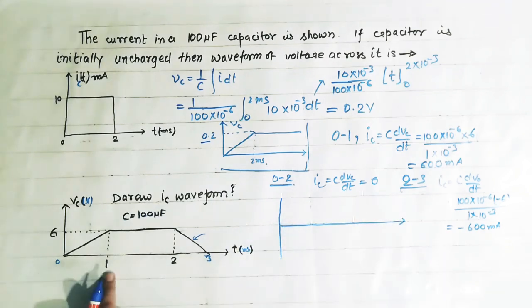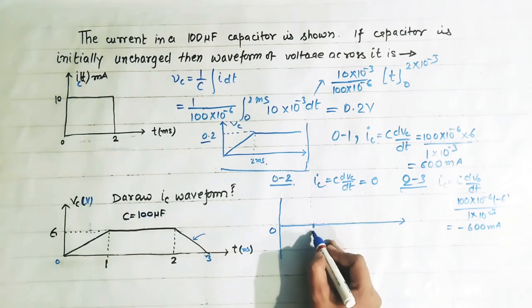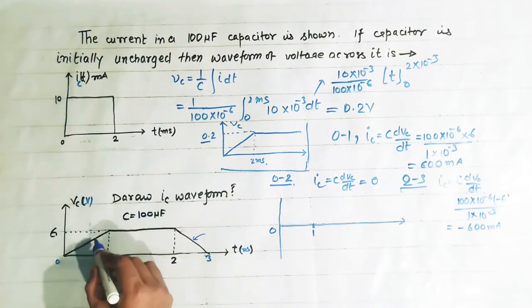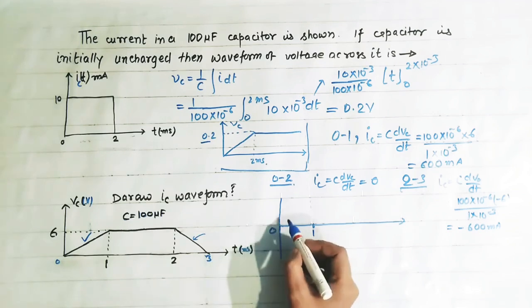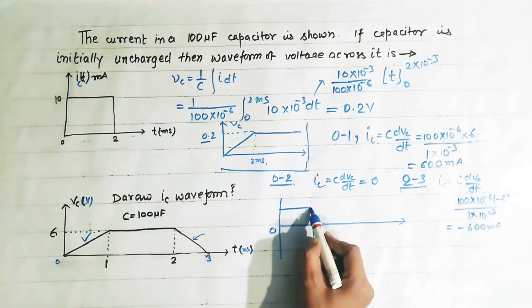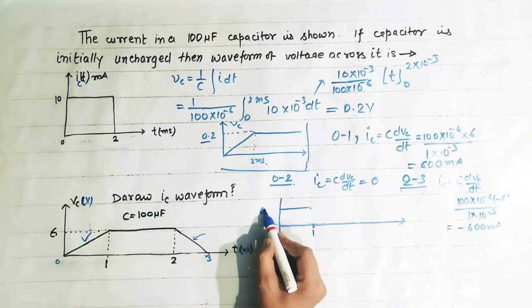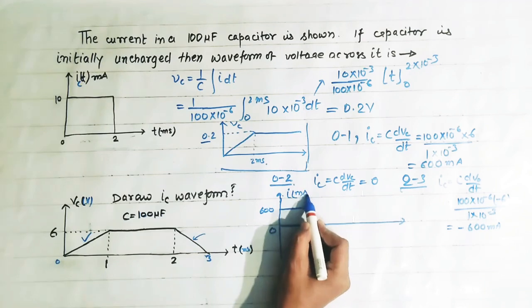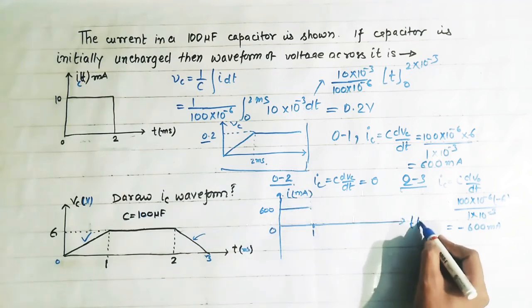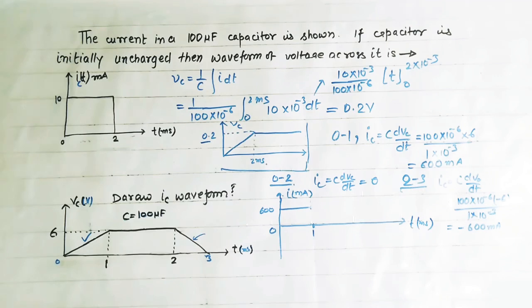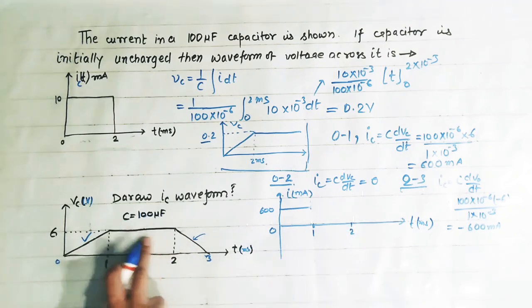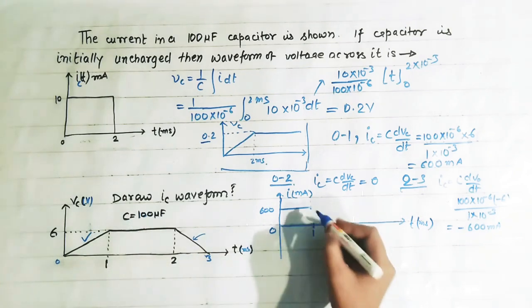Okay. Now we draw the waveform. First we draw the waveform from 0 to 1. From 0 to 1 the function is a ramp and its differentiation is a constant with value 600 milliampere. So this part of the equation has an output waveform like this, that is 600. Suppose this is current in milliampere and time in millisecond. Now from 1 to 2 second, this is constant, so differentiation of a constant is equal to 0.